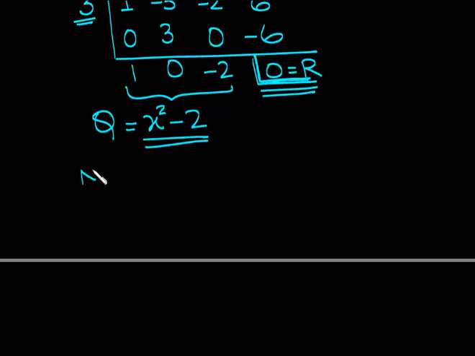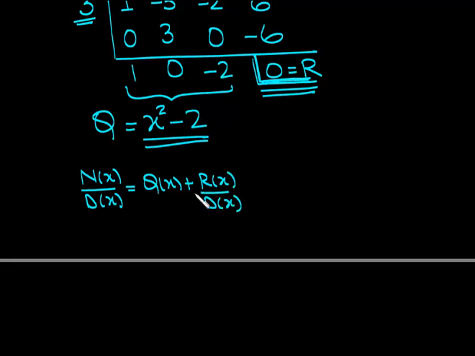If you recall, if I divide n of x by d of x, we end up with what? Q of x plus r of x, the remainder, over d of x. And if the remainder is 0, this term is gone, so we end up with what? N of x is equal to, you can cross multiply this, q of x times d of x.